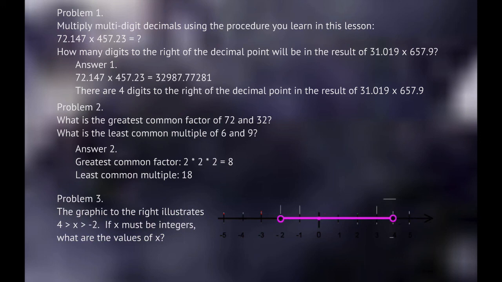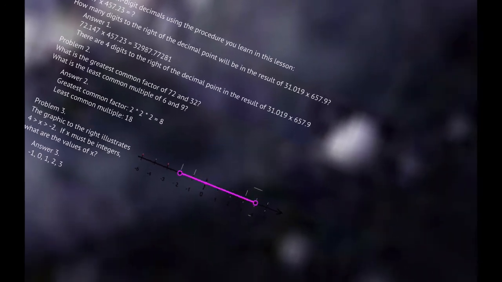It means that it's not equal to the circled point, but it includes all the numbers between the circled points. So the integers between, we can see, are -1, 0, 1, 2, and 3. And the answer: -1, 0, 1, 2, and 3.